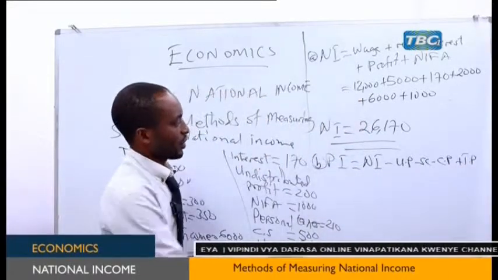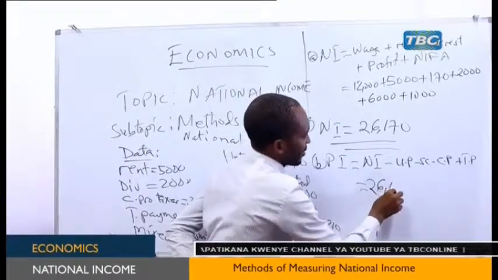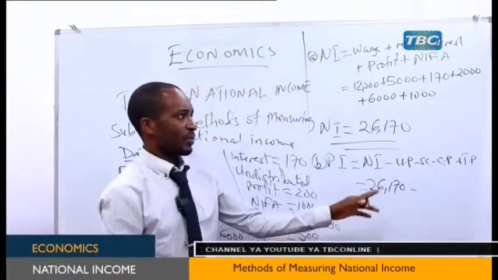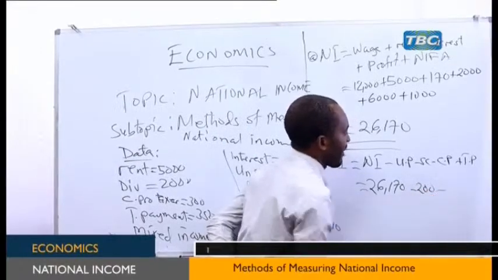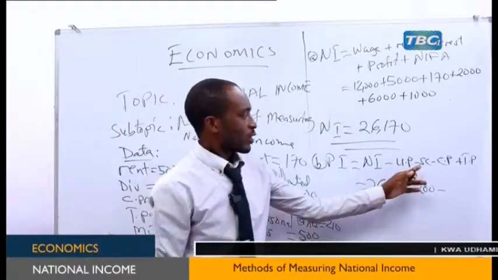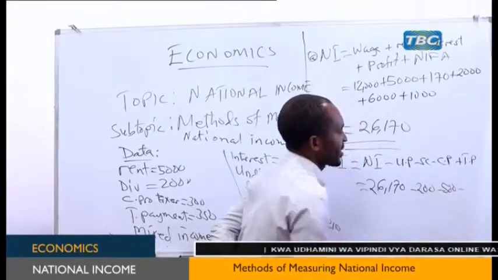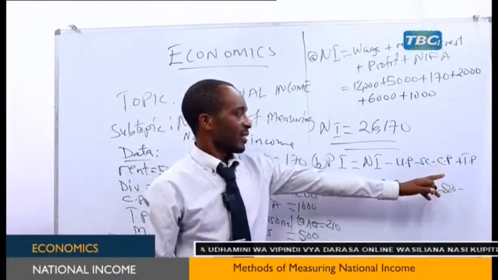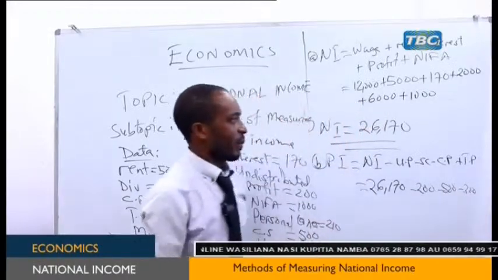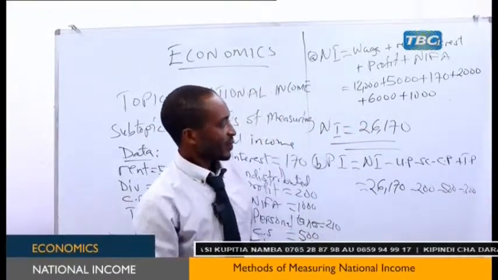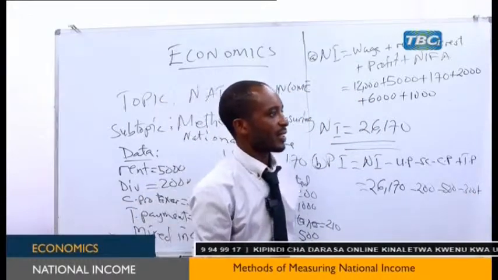So here the national income is 26,170 minus undistributed profit, which was 200, minus social security schemes, which was 500, minus corporate profit taxes, which was 300, then plus transfer payments.